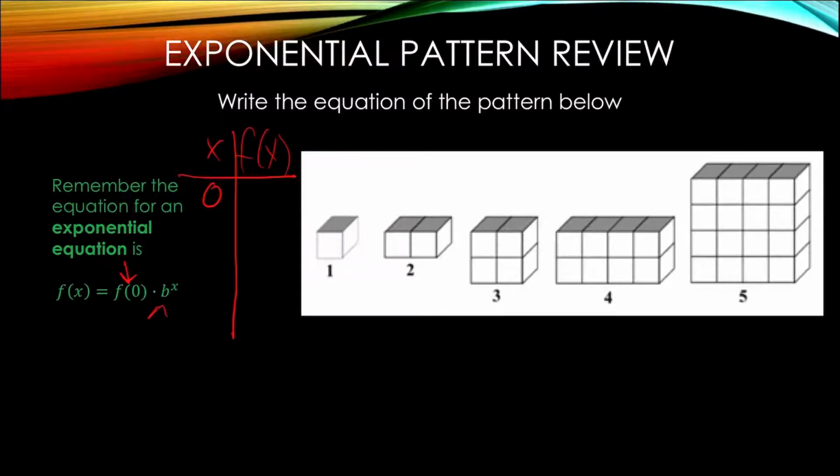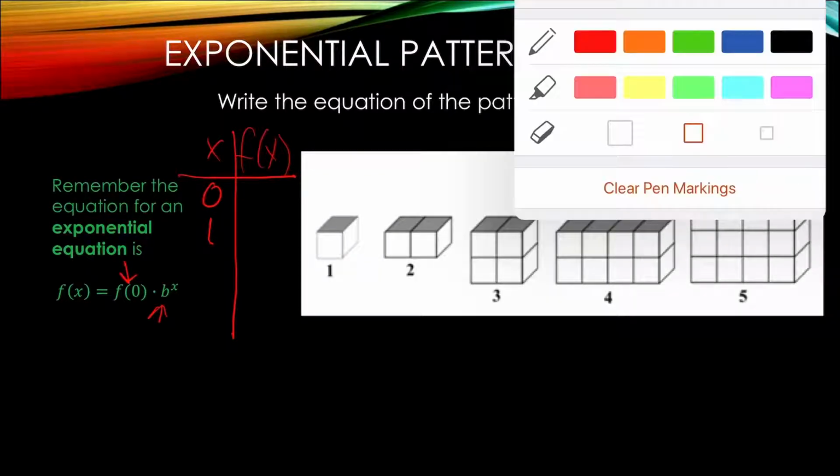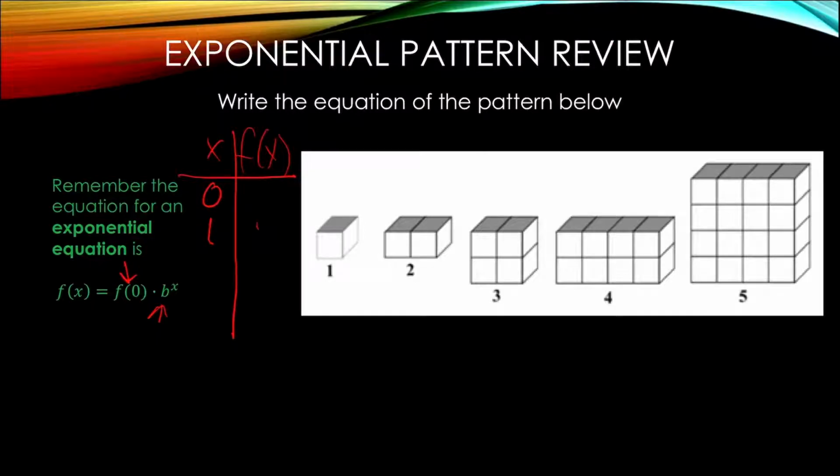But this time I need my b value, which we think of as the common ratio. On the first block I have 1. The second block I have 2. The third block I have 4. The fourth block I have 8. And the fifth block I have 16.